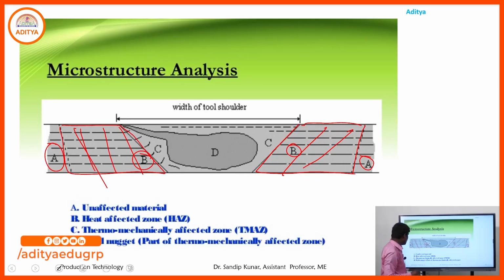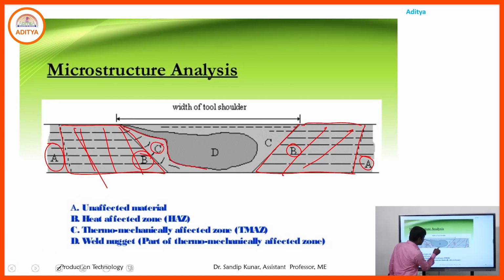C is the thermomechanically affected zone. So zone C, you will see, is the thermomechanically affected zone. And D is the stir zone, the weld nugget part, meaning the molten state zone.